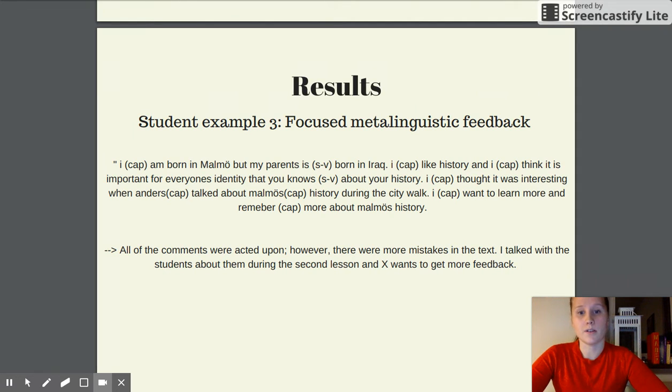So I commented on that, and all of the comments were acted upon. There were also other mistakes in the text, but I didn't correct them. However, during the second lesson, I discussed this matter with him, and he was very keen to learn more and wanted to get more feedback on his text.